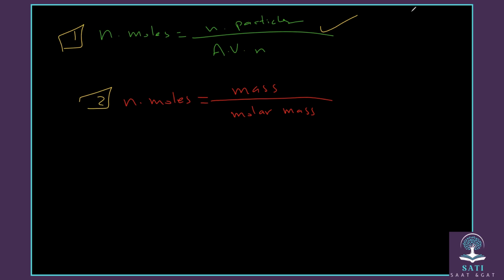Number of moles equals mass over molar mass. We will not use this one until we understand what molar mass means. So we're going to understand first what molar mass is, and then we'll move back to complete this formula.